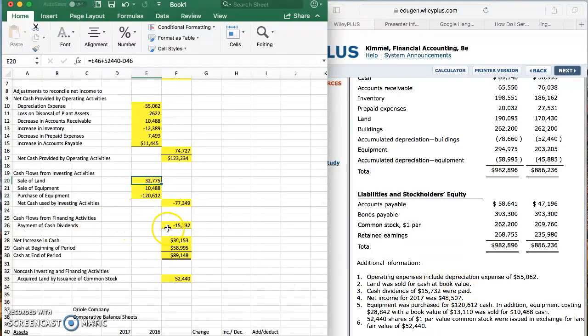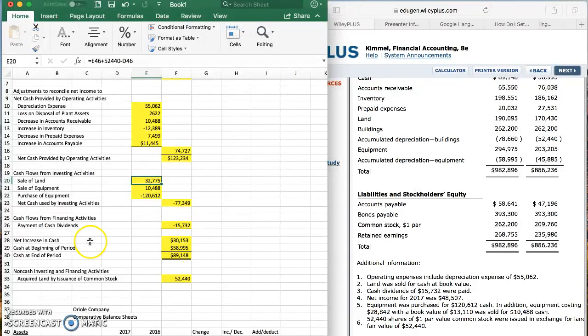And because we're paying a cash dividend, we're subtracting that from our retained earnings, basically our cash, and so it's going to be a negative value.